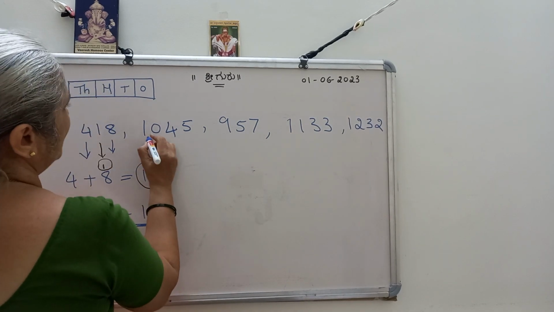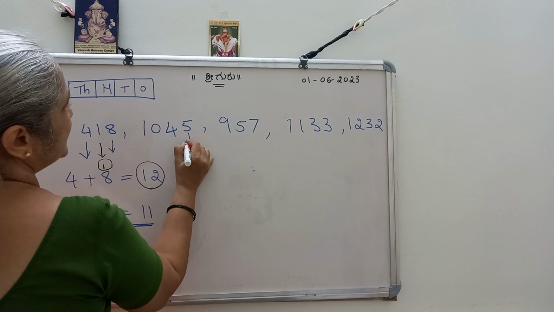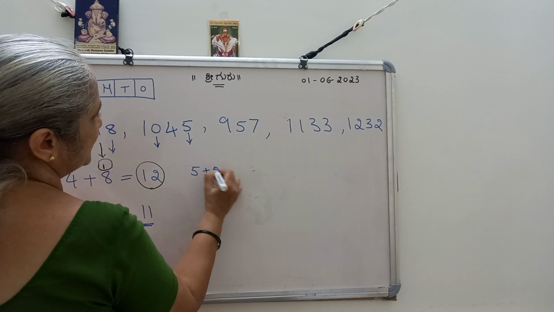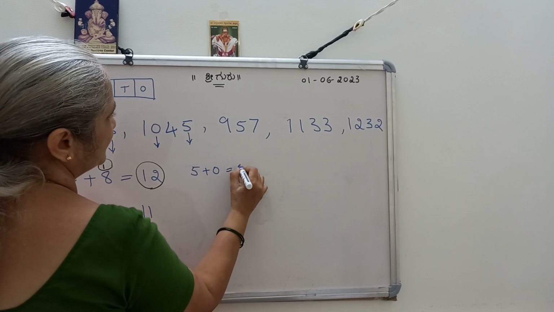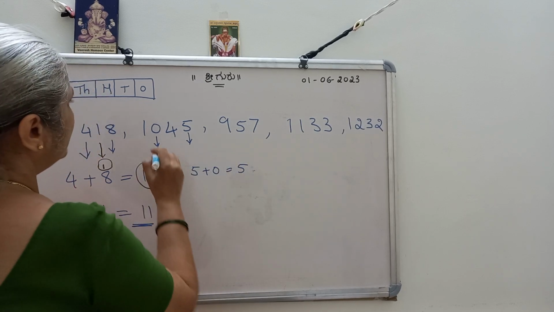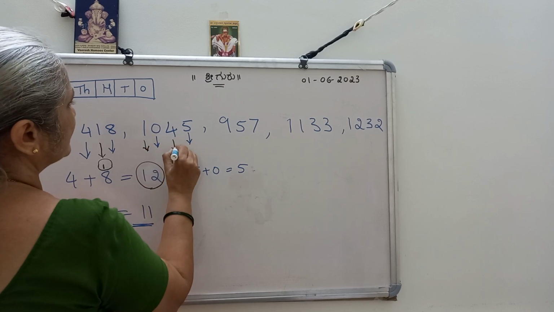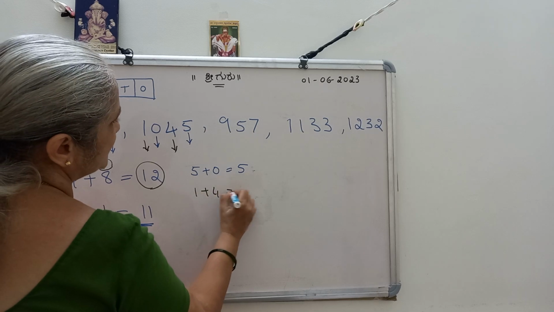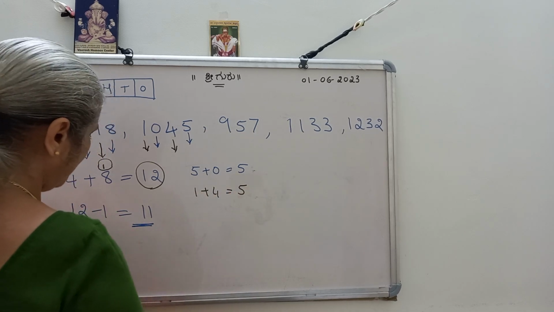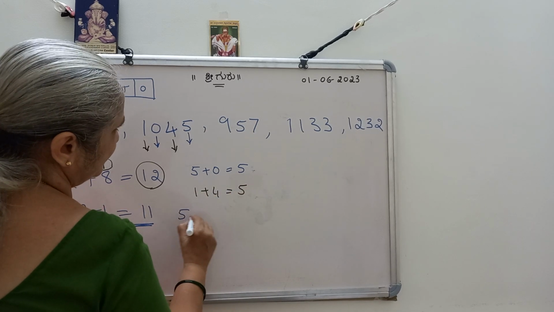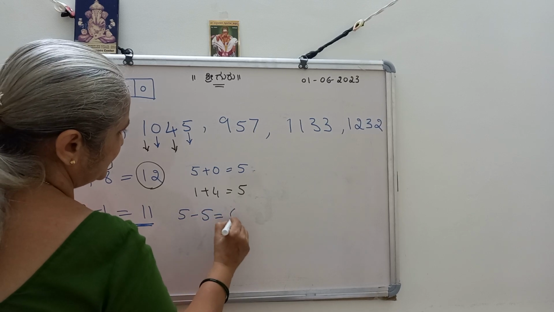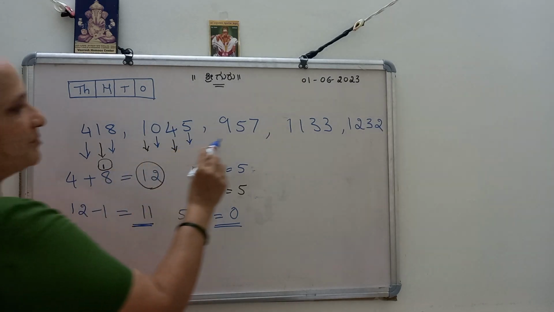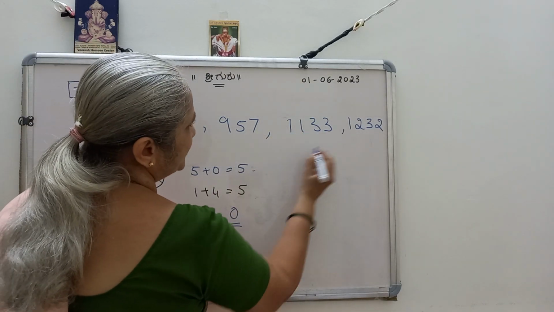Now, this number 1045. Digits in odd places, 5 plus 0 is equal to 5. And digits in even places, 1 plus 4 is equal to 5. Now take the difference. 5 minus 5 is equal to 0. Consider the number 1232.